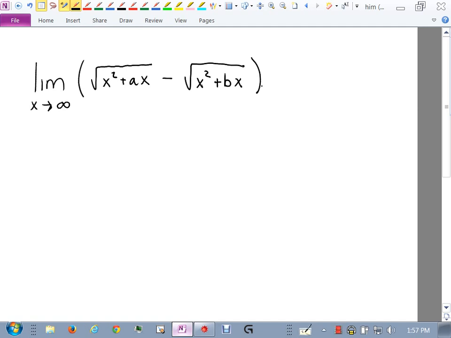It's getting huge. So what is the form of the limit that we have when we let x go to infinity? So the inside here, x squared, is infinity squared plus what? A times infinity should still be infinity. So infinity here, square root of infinity is infinity. So we have infinity minus, again, infinity.